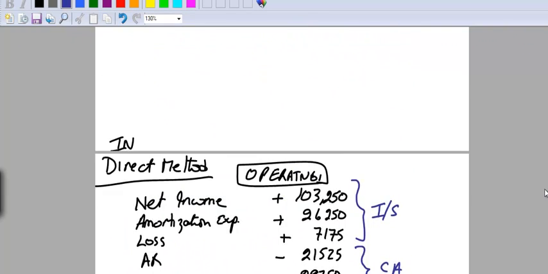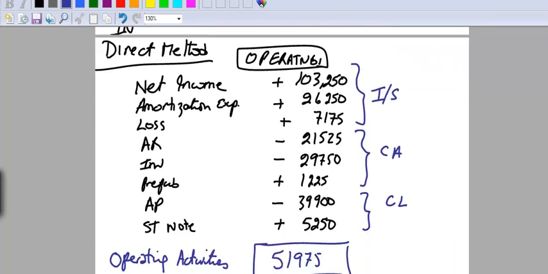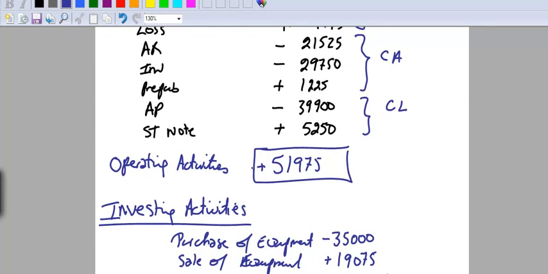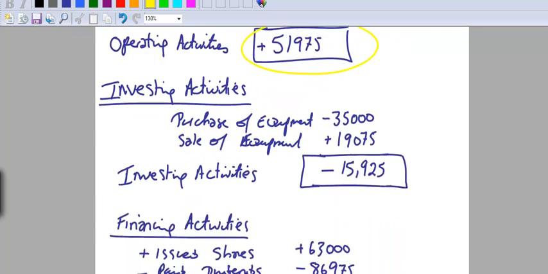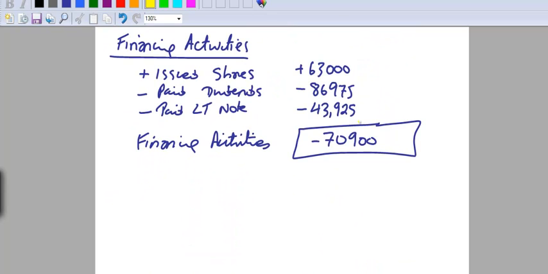I know that if I look back, 31,850 negative was my change in cash. Let me add up a few things. I'm going to add up 51,975, subtract from it 15,925, and subtract from that 70,900.